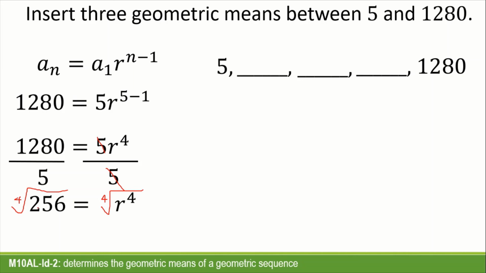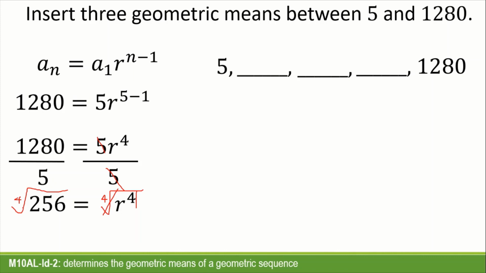So, yung root na hahanapin natin, nakadepende dun sa exponent ni r. Okay? So, in this case, ang exponent niya ay 4, so 4th root. Pag ang exponent niya ay 5, 5th root. Pag ang exponent niya ay 8, 8th root ang hahanapin natin. Okay, so this is equal to r na lang.